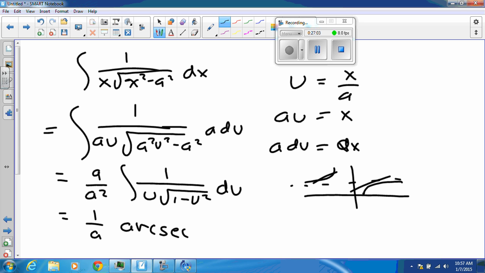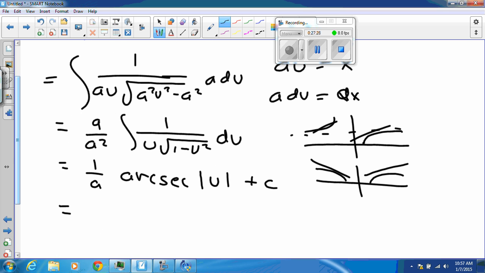But now, I have something whose derivative could conceivably be negative. So how do I deal with that? I'm going to deal with that by taking the absolute value here. And the arcsecant of the absolute value of u looks like this, so that when u is positive, I get a positive value. When u is negative, I get a negative derivative, just like that.